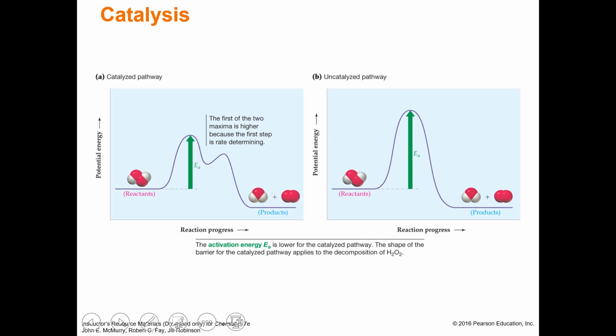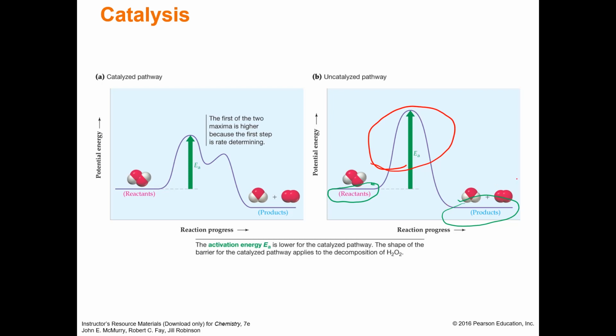So if we think about this in terms of a reaction coordinate, and we think about this graphically, if we do this uncatalyzed, which is the graph on the right here, we have to go from reactants to products, but this is the hump that we have to get over. That's a pretty large hump, so not very many of your reactants are going to make it over that hump.